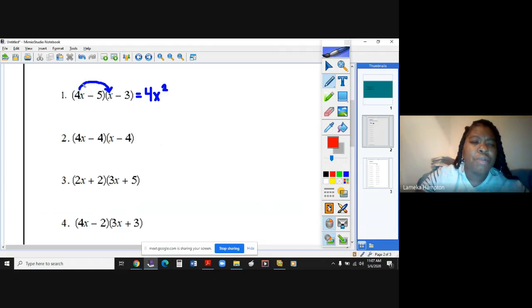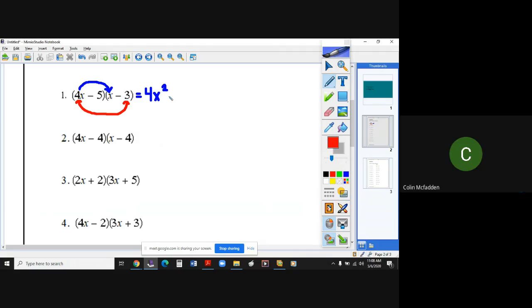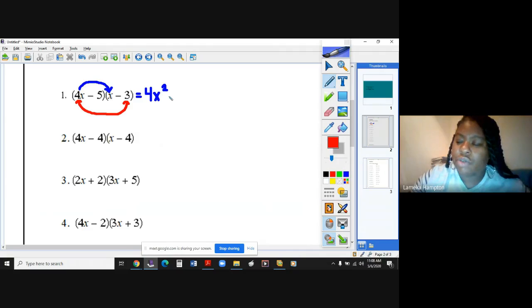Remember, the blue represents the first term, and now I'm going to multiply my outer terms, which are represented by the red. So what is 4x times negative 3? 12.